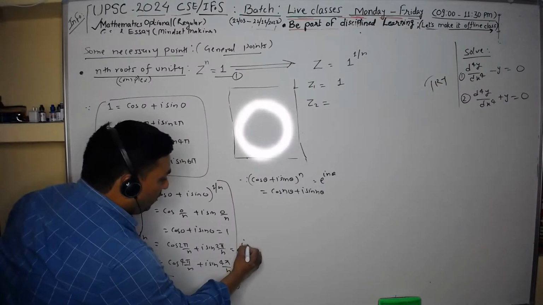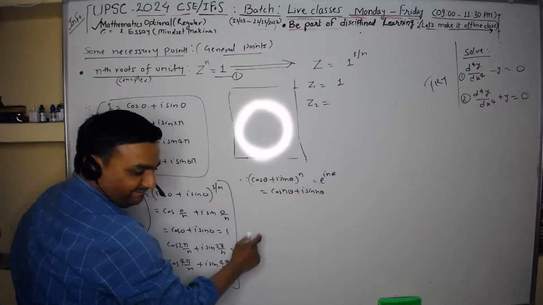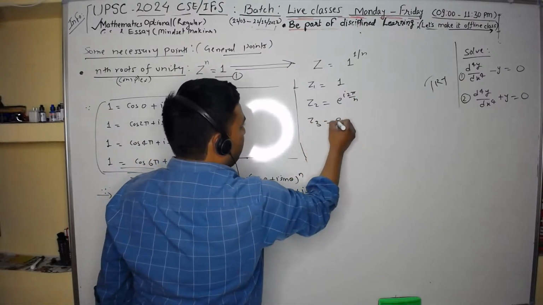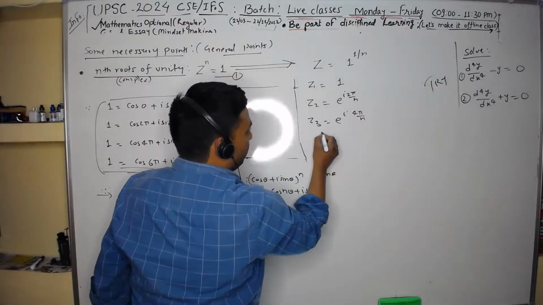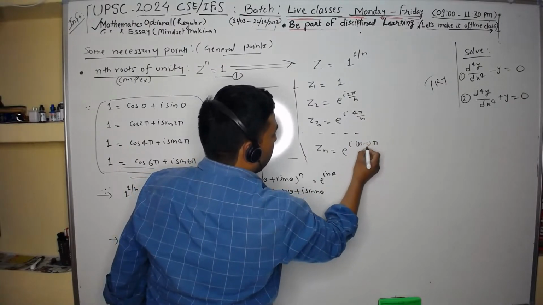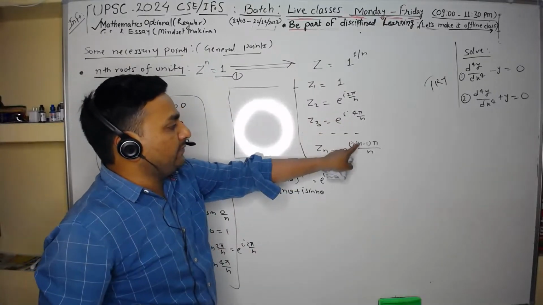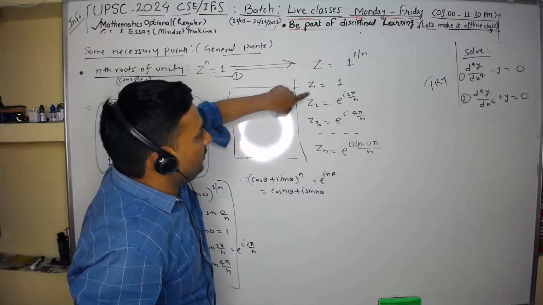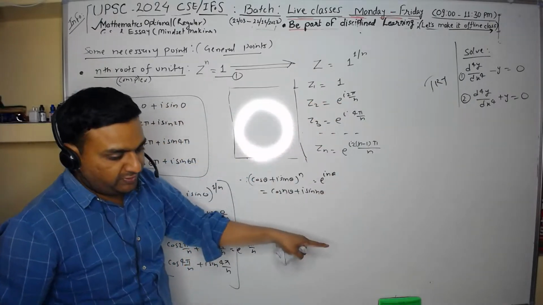This you can write as e raised to iota 2 pi by n. z3 is e raised to the power iota 4 pi by n. zn is e raised to the power iota 2(n minus 1) pi by n. देखिएगा 2 टाइम्स पे 4 टाइम्स, तो अगले वाले में n minus 1, क्योंकि 0 पहला रूट ये मिल चुका है, तो यू कैन कंपेयर फर्स्ट पे n का 0 आ रहा है, सेकंड पे यहाँ पर 1, देन ऑनवर्ड्स, राइट?